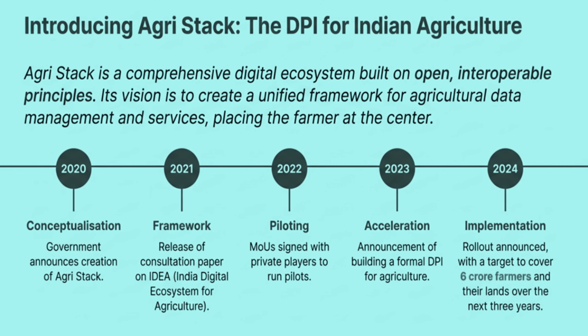Think of it like UPI for payments, but for agricultural services. It's basically a set of standardized rules and APIs that allow different systems to talk to each other securely based on farmer consent. So banks, agri-tech companies, government agencies, they can all plug in. Exactly. It enables secure, standards-based interaction between everyone in the ecosystem, public and private.